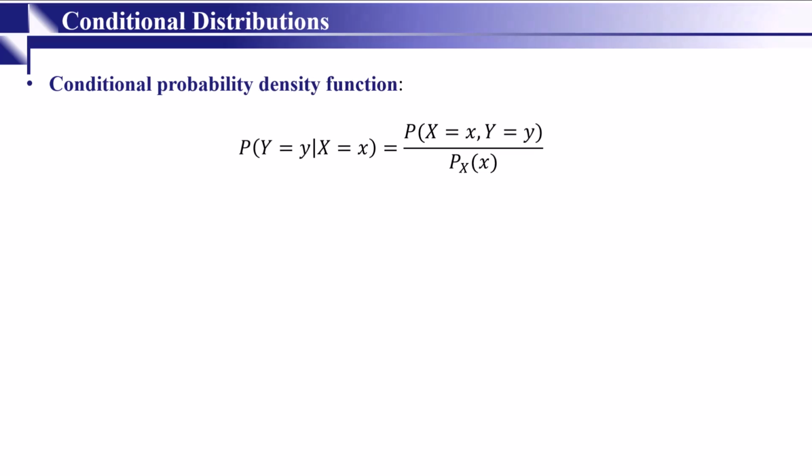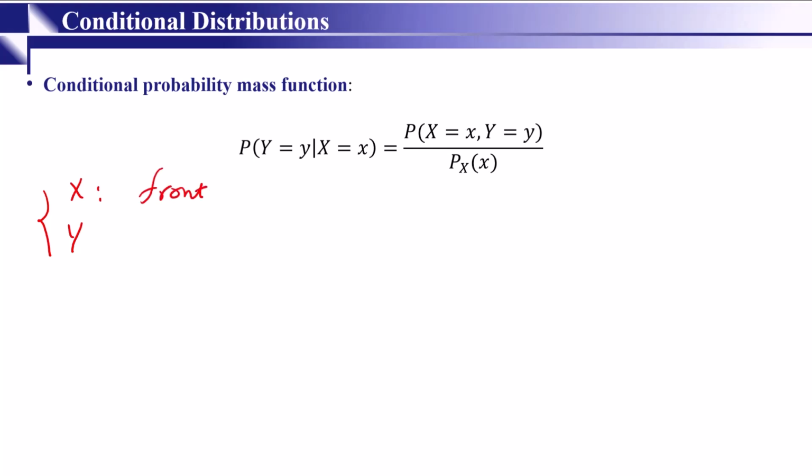So suppose we have two random variables x and y, and suppose x is the number of months a bicycle front tire lasts, and y is the number of months that the rear tire lasts. Suppose we know that x is equal to 10, meaning the front tire lasts for 10 months.